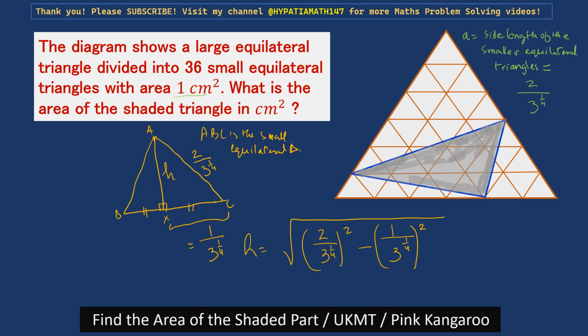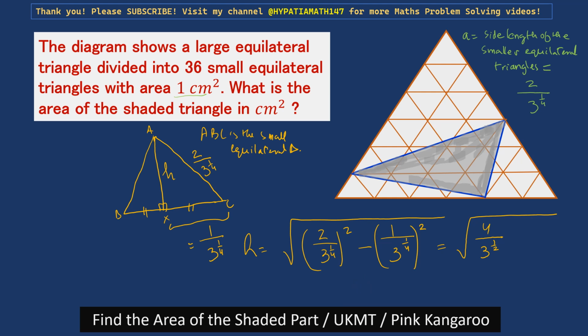And then what we get is the square root of 4 out of 3 to the power 1 out of 2, because 3 to the power 1 out of 4 whole square is 3 to the power 2 out of 4, and that is 3 to the power 1 out of 2.